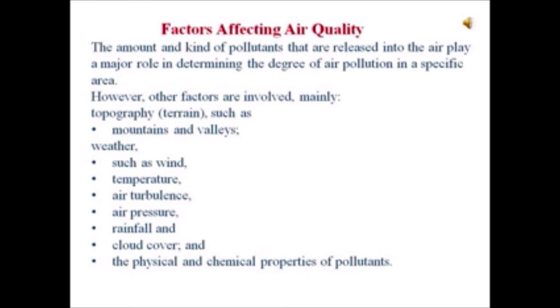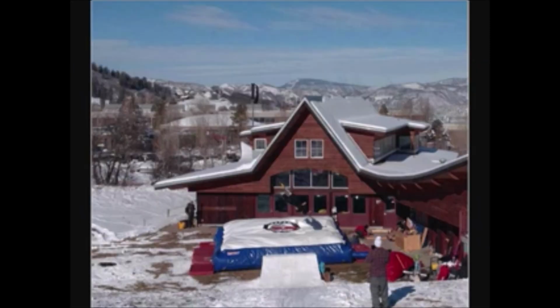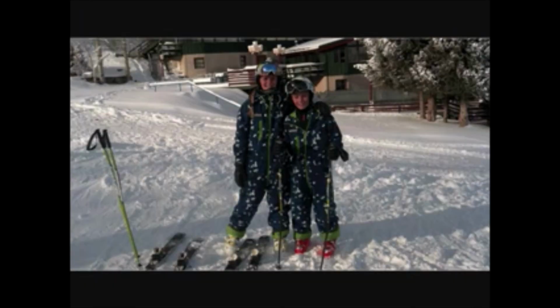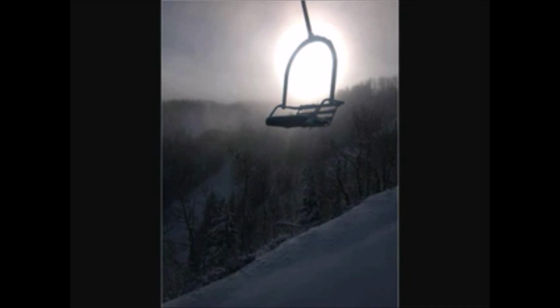Factors affecting air quality. The amount and kind of pollutants that are released into the air play a major role in determining the degree of air pollution in a specific area. However, other factors are involved, mainly topography, terrain such as mountains and valleys, weather such as wind, temperature, air turbulence, air pressure, rainfall and cloud cover, and the physical and chemical properties of pollutants.